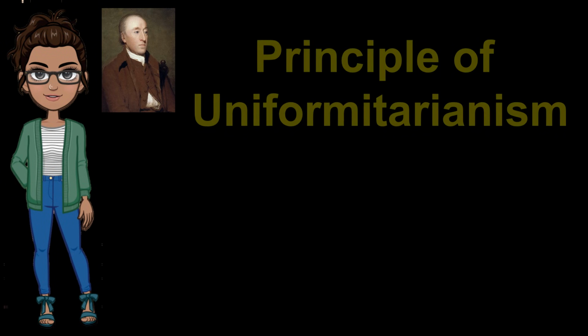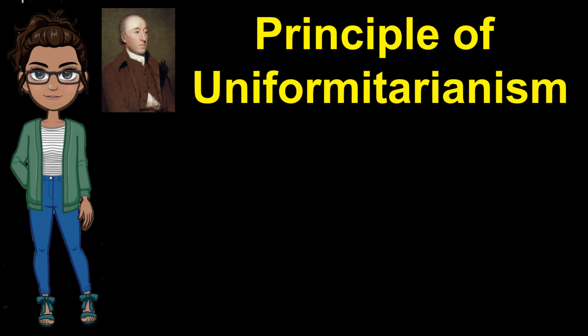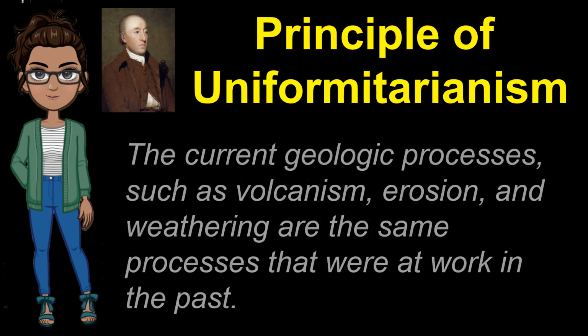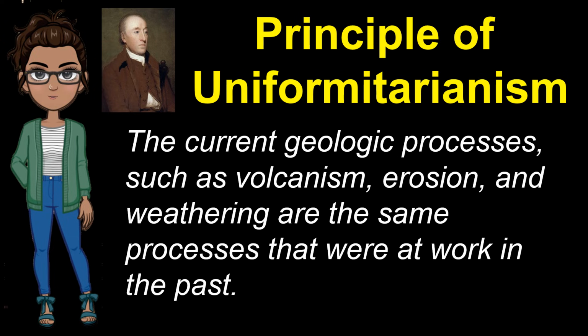His principle of uniformitarianism states that the current geological processes such as volcanism, erosion, and weathering are the same processes that were at work in the past. This idea was refined by other geologists: although the processes of the past and the present are the same, the rates of these processes may vary over time.